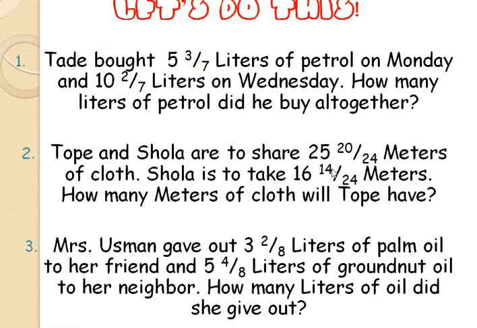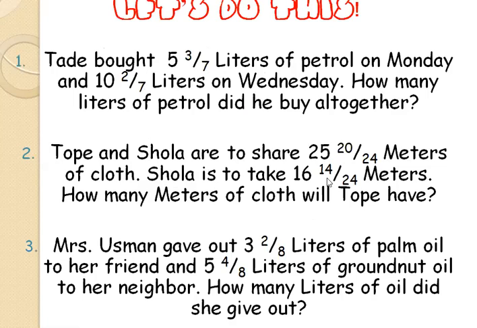Okay, I want you to try this for me. You're going to do this using the same method I've been using. Number 1: Saturday bought 5 whole number 3 over 7 liters of petrol on Monday and 10 whole number 2 over 7 liters on Wednesday. How many liters of petrol did he buy altogether? Number 2: Tope and Shola are to share 25 whole number 20 over 24 meters of clothes.